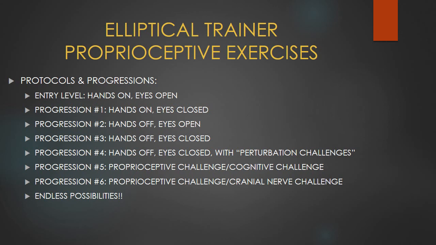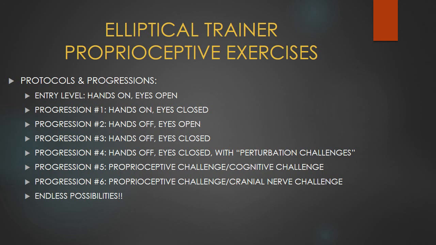Once you get this mastered, you might try that same progression now with your eyes closed. So we're doing no hands, no eyes. This requires tremendous neuromuscular control of the lower extremity, without which you will fall flat on your face and suffer great injury. So progress through this cautiously and keep your hands close to those handles should your balance falter.